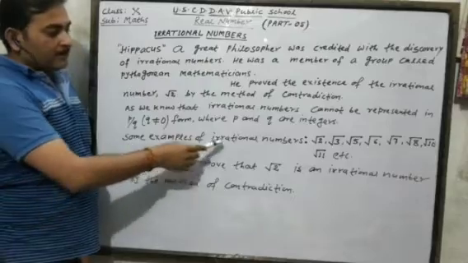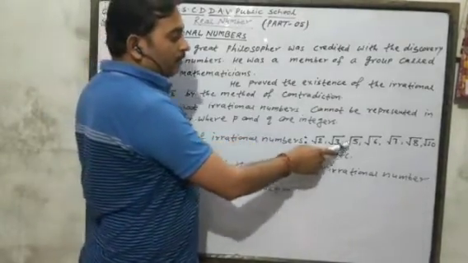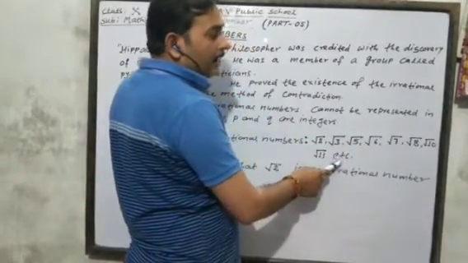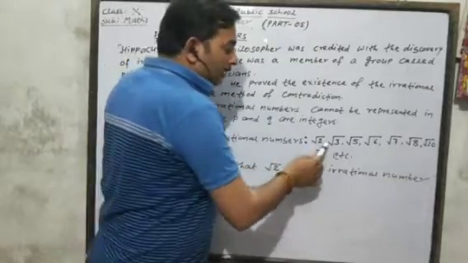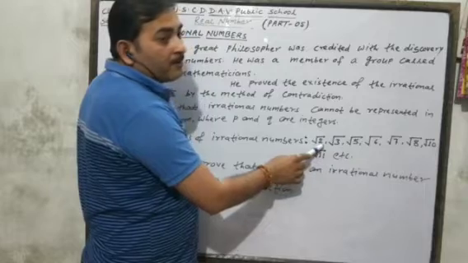Some examples of irrational numbers are √2, √3, √5, √6, √7, √8, √10, √11 and so on. All these numbers within the root are non-perfect squares.